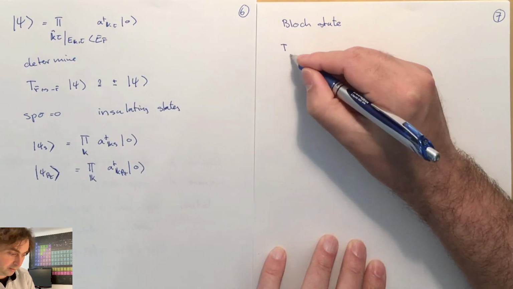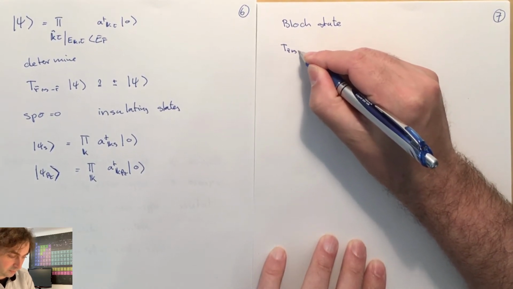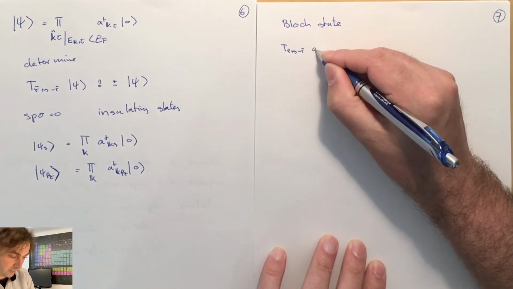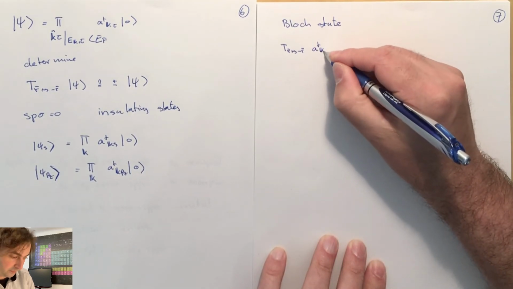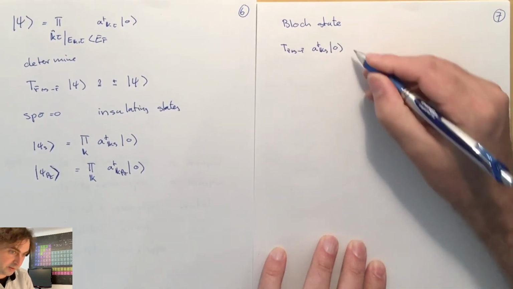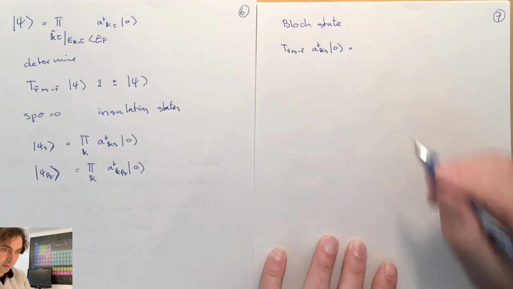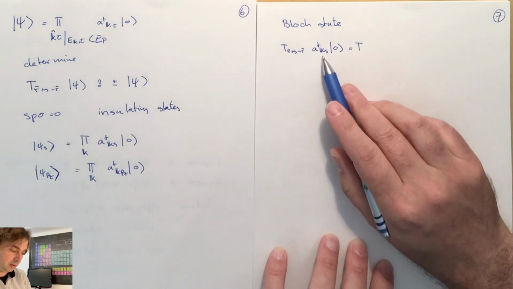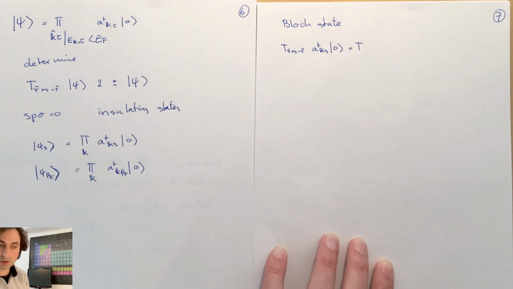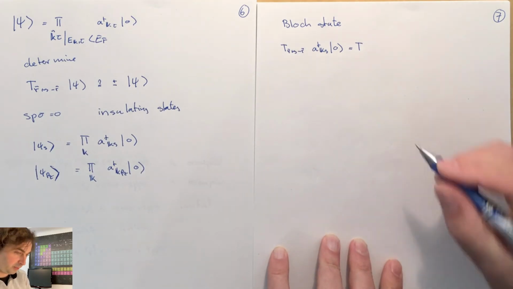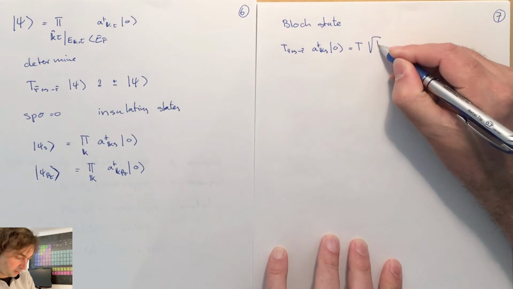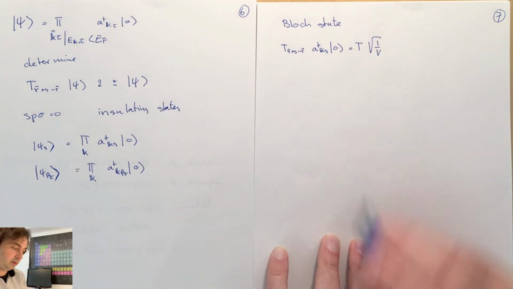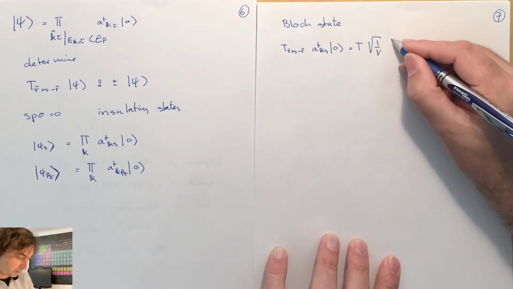So I'm looking at the inversion operator acting on a†_{k,s} out of the vacuum, and now let's write out the Bloch state as a sum over local Wannier functions, which is square root of 1 over V, whereby V is in units of unit cell volume.